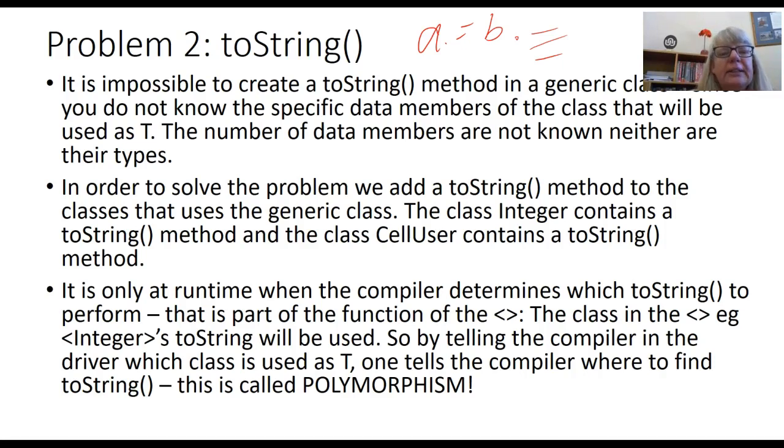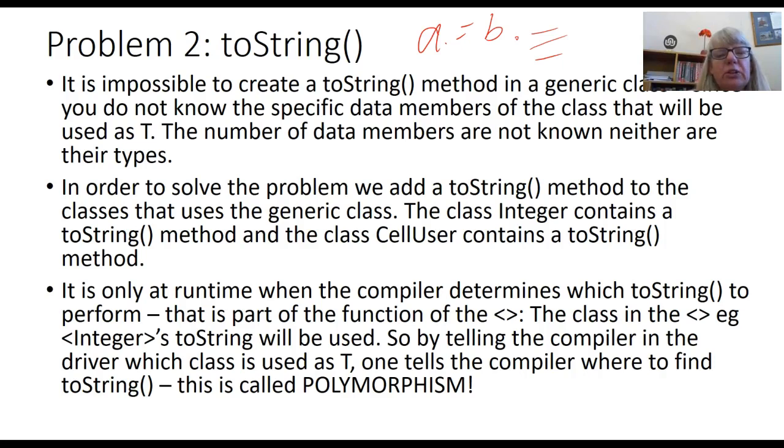So the idea of writing a toString is rather difficult. A toString normally is a method that displays attributes, and now I don't know the attributes because I don't know which method will use this generic class for which type of objects.